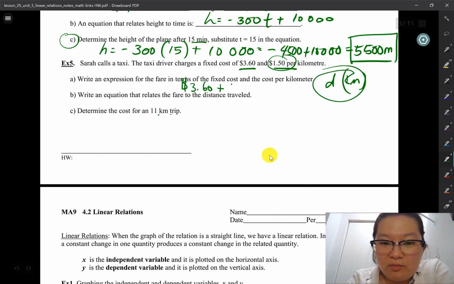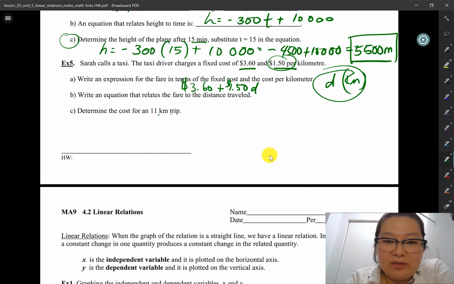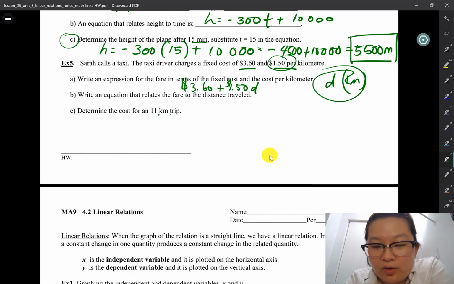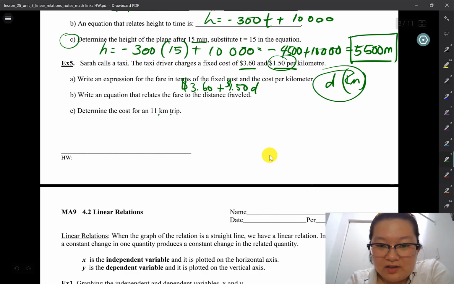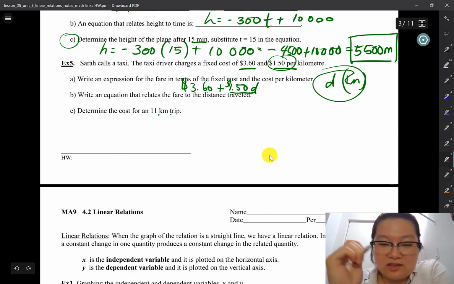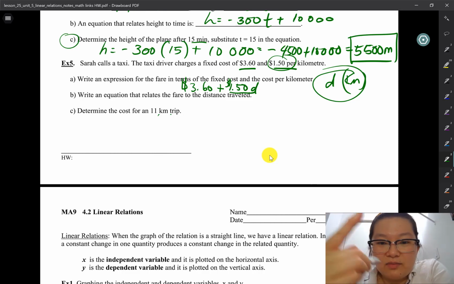So I'm going to put 1.50, and I need to multiply this by d. If d is 1, then I pay this fixed cost and $1.50. If I go 2 kilometers, then I have 2 times this value, then I add my fixed cost. And 3 kilometers, and so forth, I do the same thing. So this is my expression, and d is going to be the distance that I've traveled.